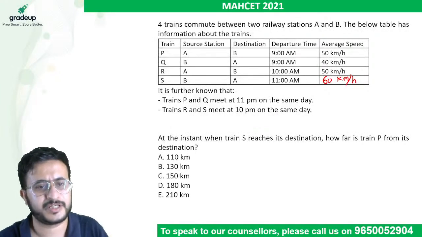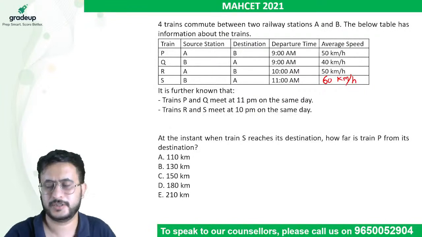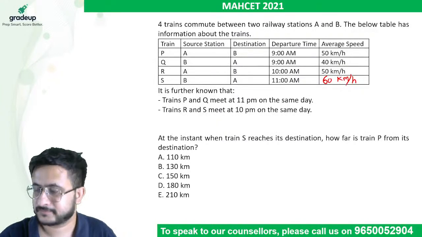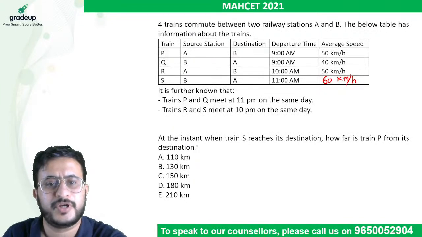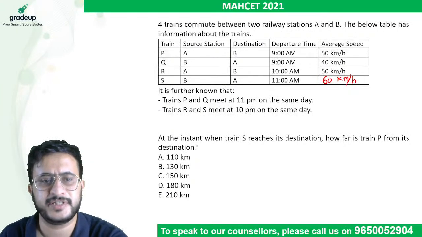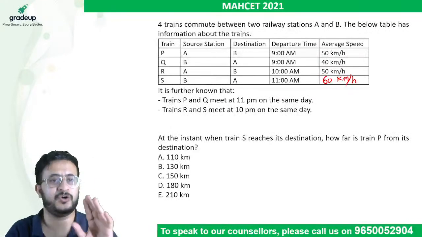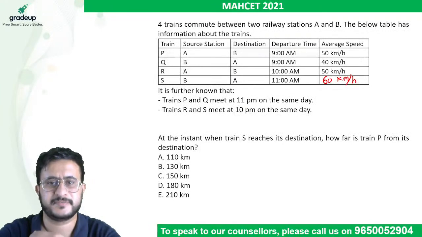Yes, you can also use ratio, that is ratio only, speed. So at the instant when train S reaches its destination, how far is train P from its destination? Okay, so this set is giving you a practice of quant also, which is showing how comfortable you are with time, speed and distance.